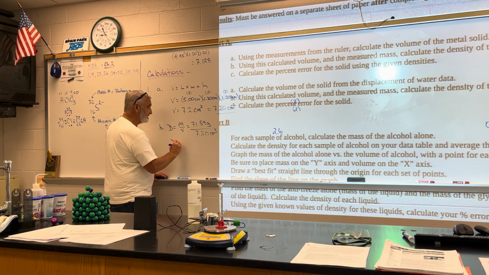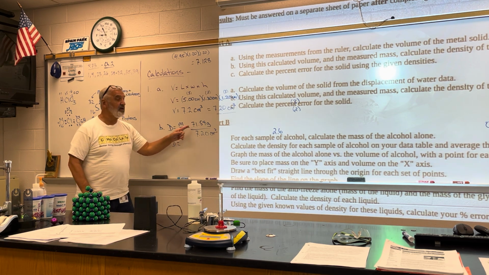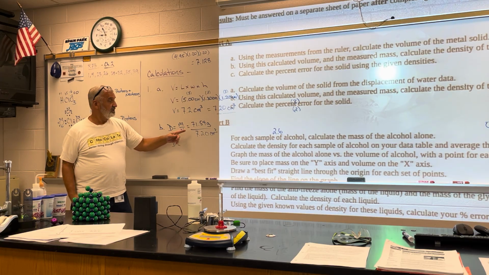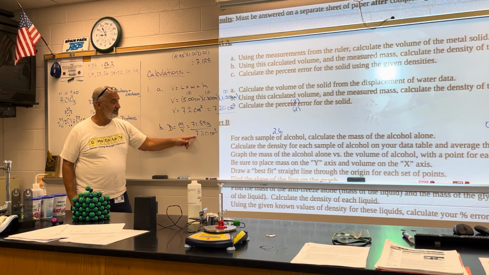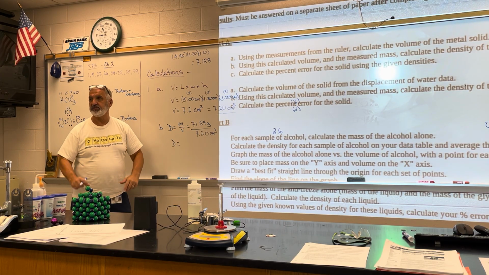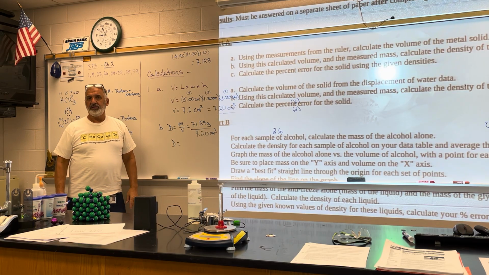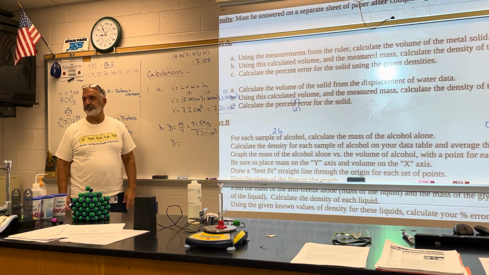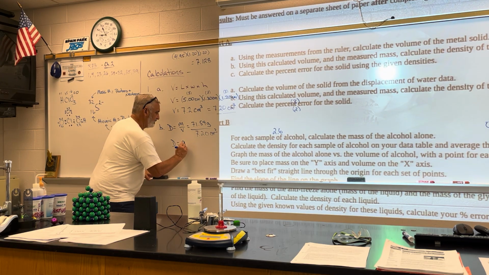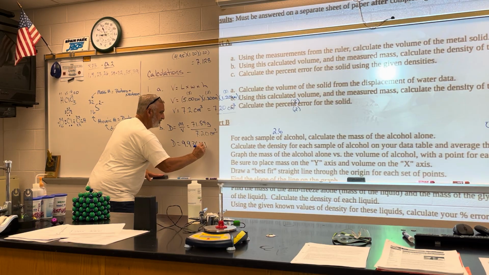So the density is going to equal, somebody get what? Go ahead, since this is yours. 71.54 divided by 7.20. Give me all the digits. Okay, probably repeating.